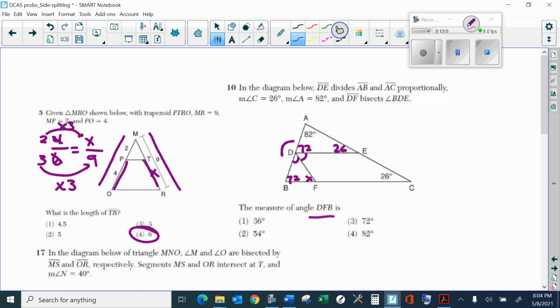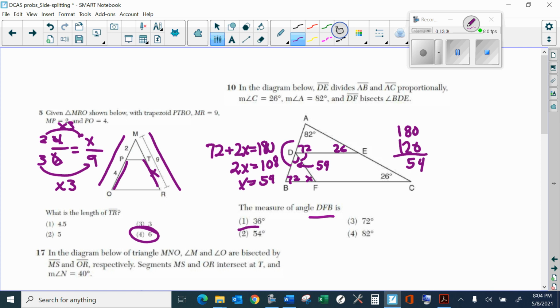Since this whole thing adds to 180, 72 plus 2x equals 180. So 2x equals 108, divide by 2, and you get 54 degrees. So that piece right there is 54. Now I have a triangle sum theorem. 72 plus 54 is 126, from 180 is 54 degrees, which is DFB.